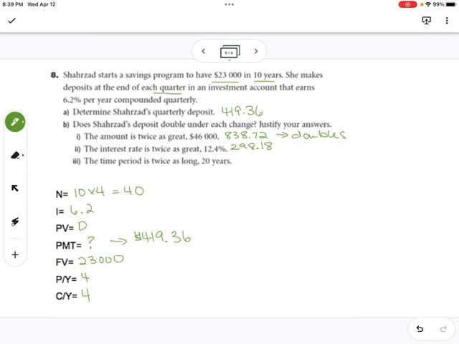Okay, so because we're earning more interest on our money, then we wouldn't have to deposit as much at each quarter. And the last one is talking about doubling the time. So going from the 40 payments to 80 payments.